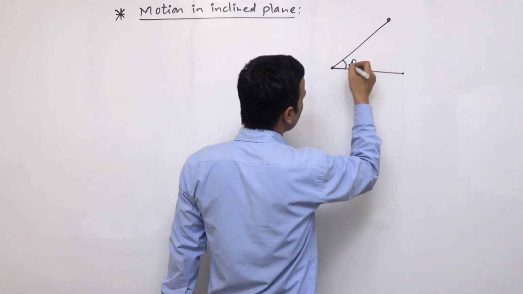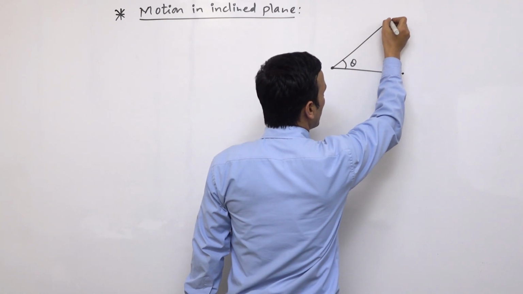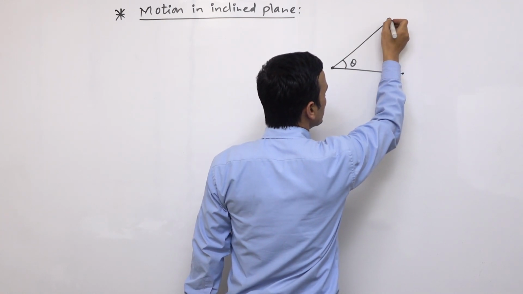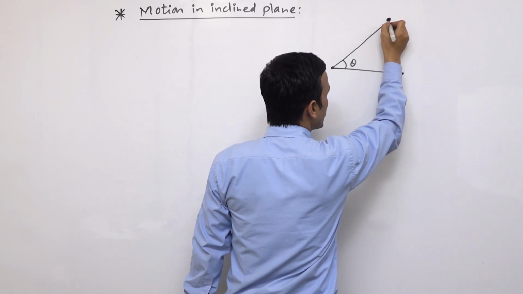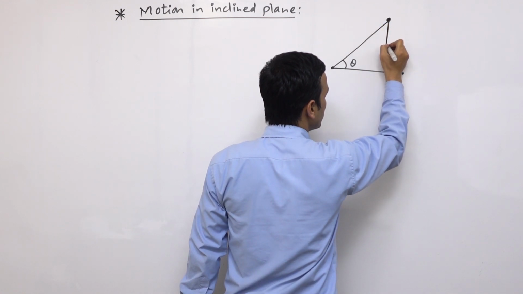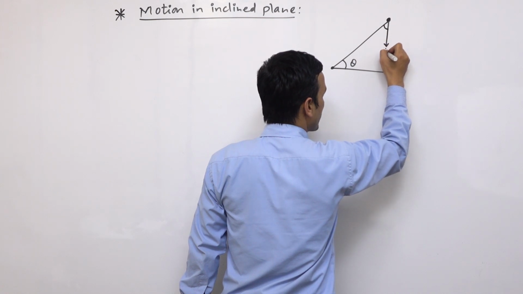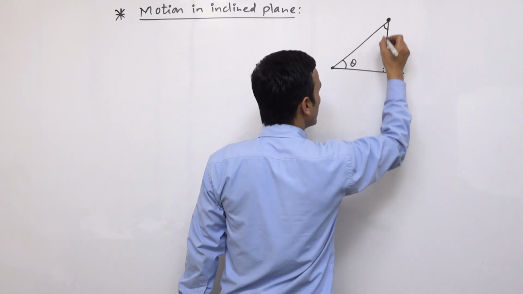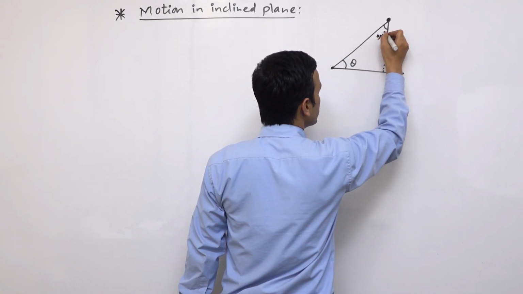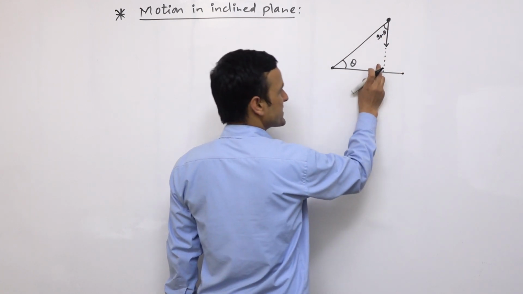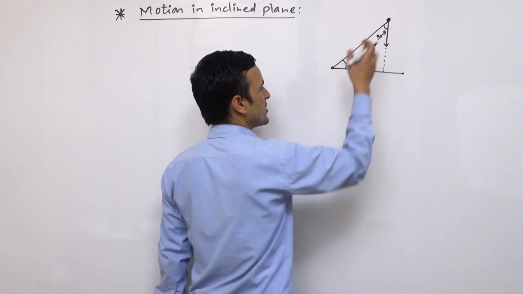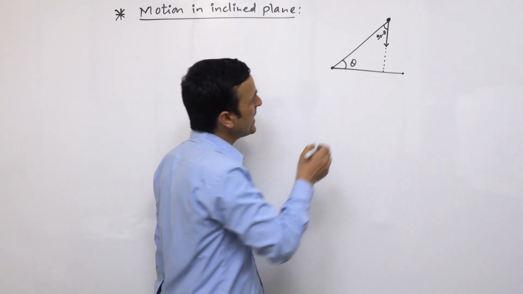This angle is perpendicular to the line, so it will be 90 minus theta. It is 90 and this is theta, so of course it is 90 minus theta.